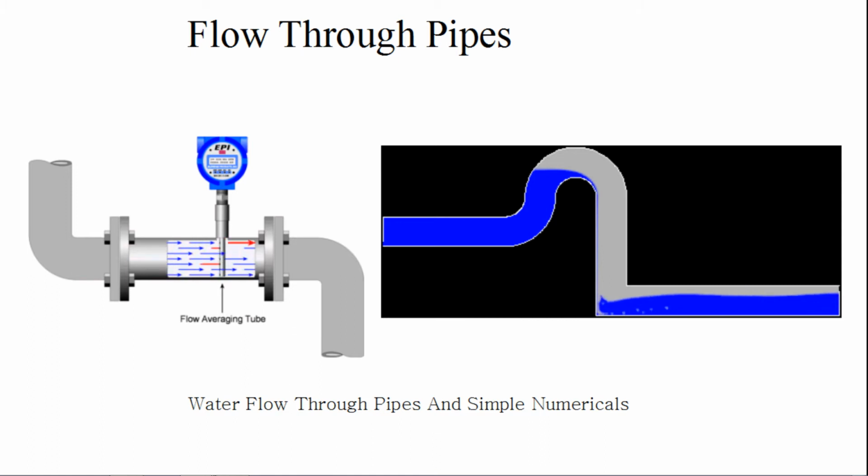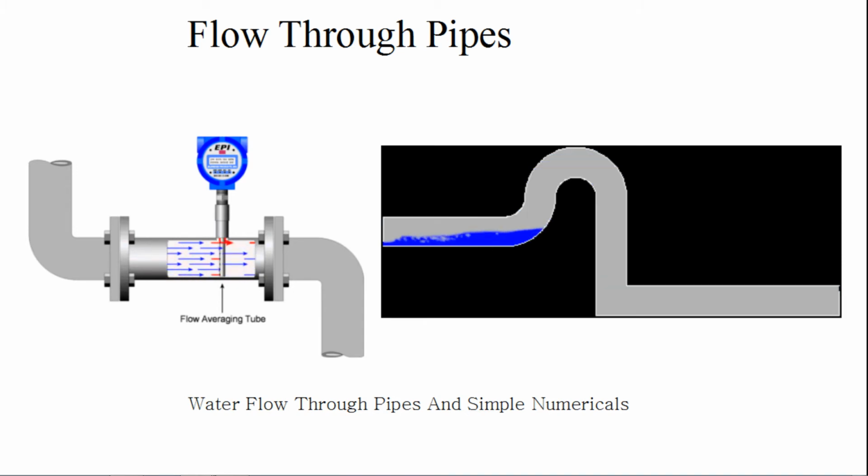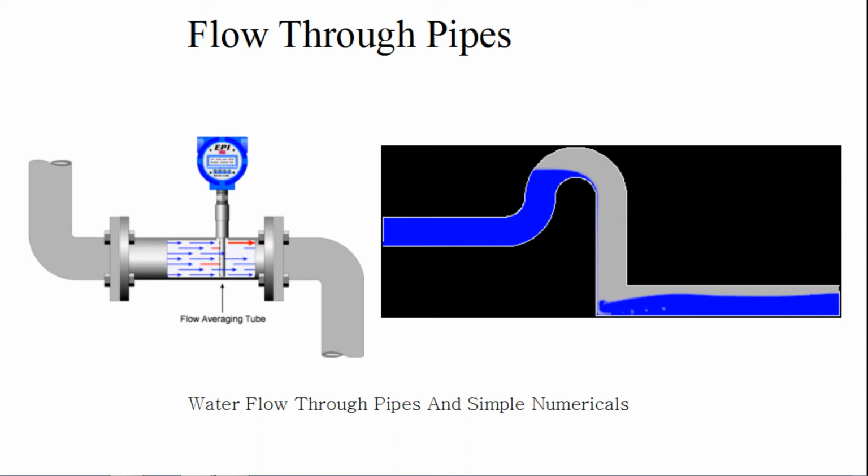There are devices which are used to find out velocity across a particular section. Again, there are different numericals to find out pressure, velocity, as well as pressure head. They are very simple and very interesting. So devices and their numericals will be part of our next lecture sessions.